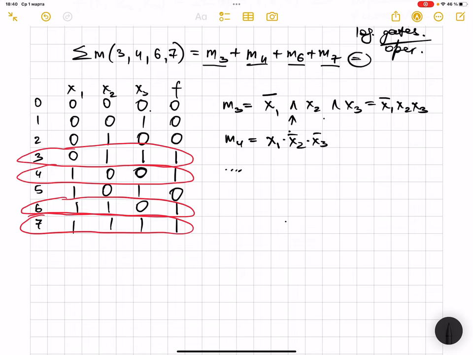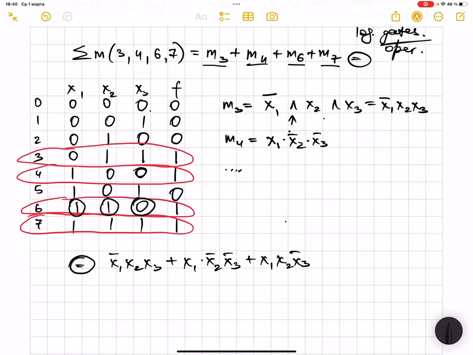So let me write the final version: x1 bar x2 x3 plus x1 x2 bar x3 bar plus x1 x2 x3 bar, plus x1 x2 x3, because at the 7th row we have only the values of 1.